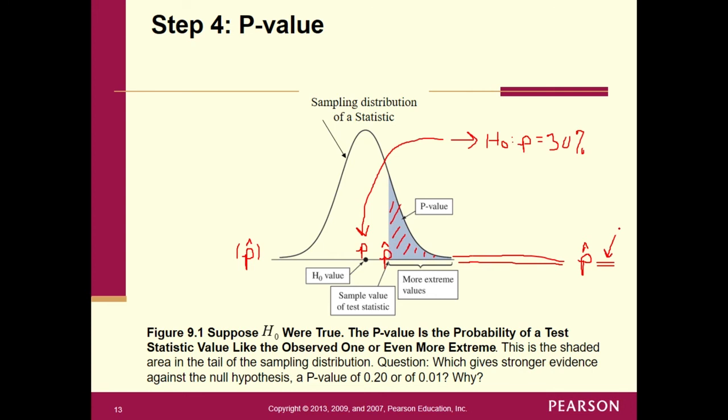And that's what we're going to find out: the larger the test statistic is in magnitude, the smaller the p-value will probably be. And the smaller the test statistic, the larger the p-value. So we're going to find that out as we work through this.